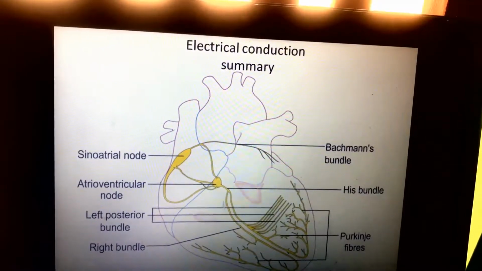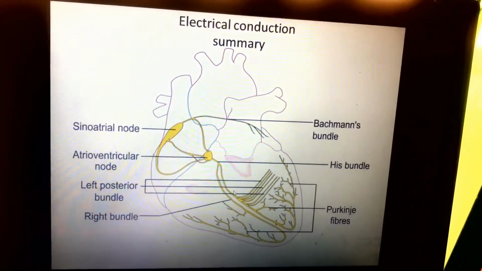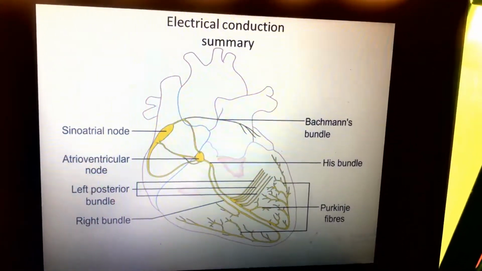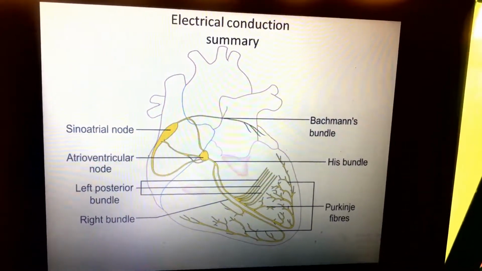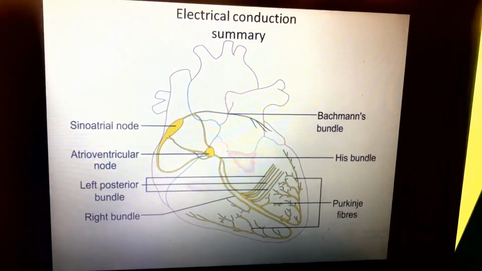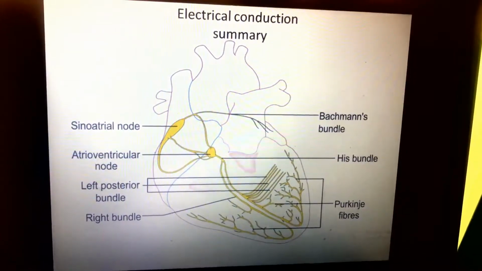This is the right bundle and the left bundle. Now the right bundle brings the electrical influx to the right ventricle, while the left bundle conducts the electrical impulses to the left ventricle.